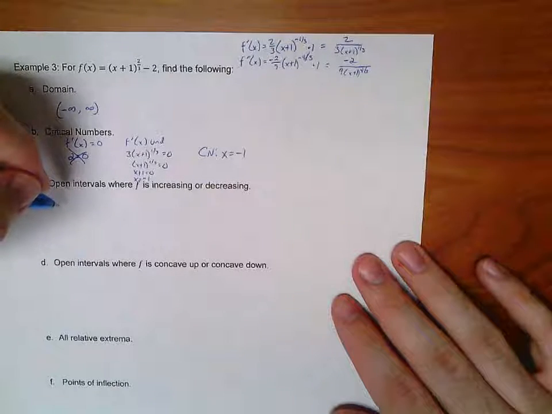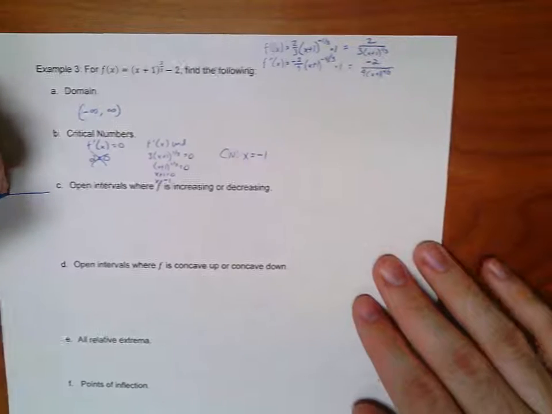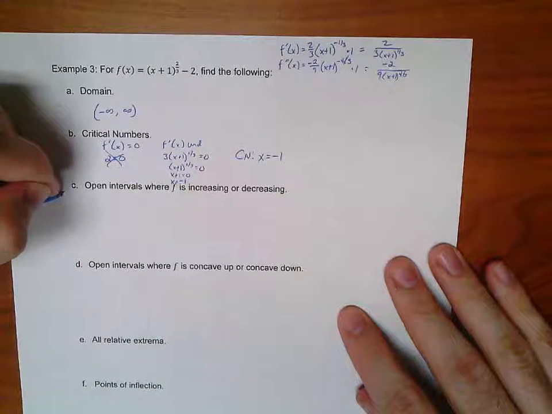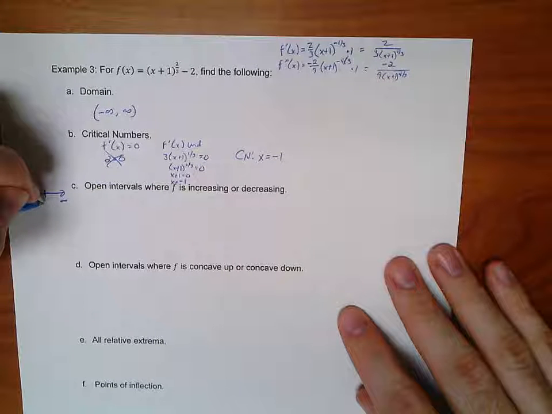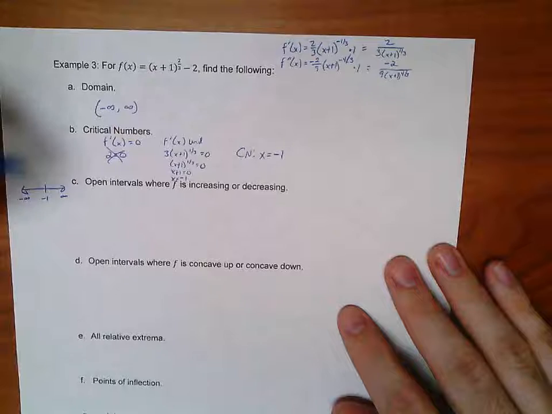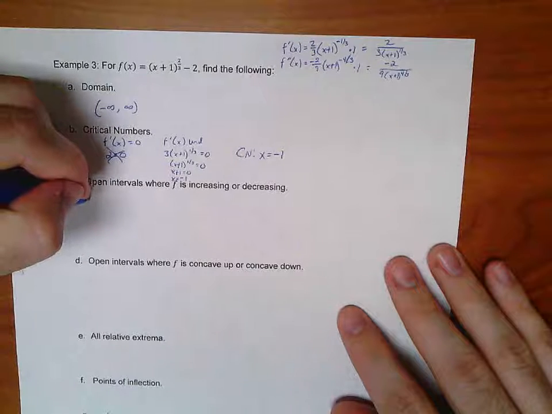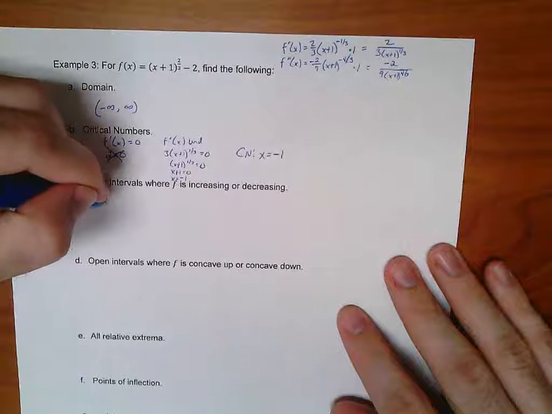Alright, open intervals where it's increasing and decreasing. Looking at our number line, we know our domain is negative infinity to infinity, and the only critical number we have is x equals negative 1. Picking a number on negative infinity to negative 1, let x equal negative 2.